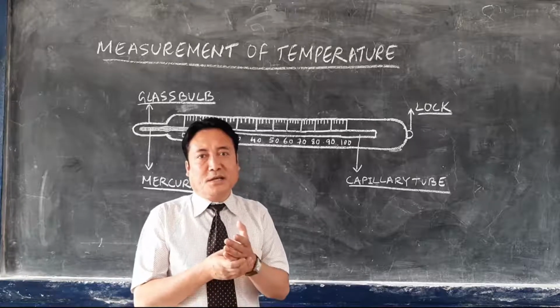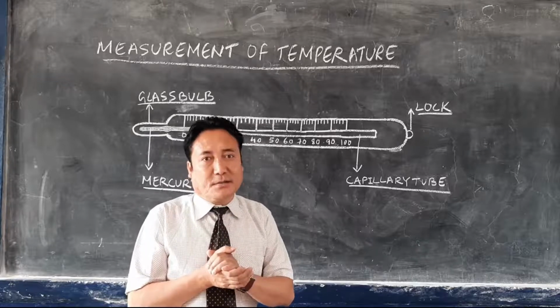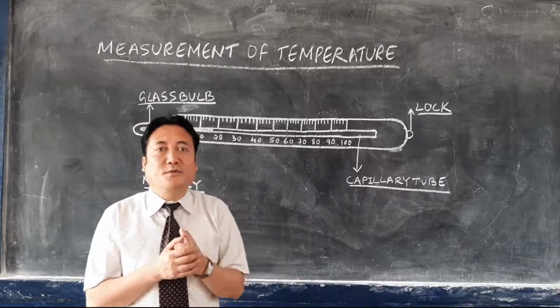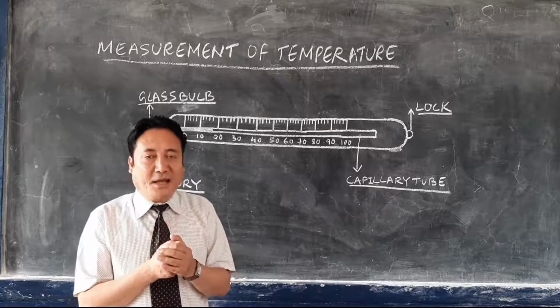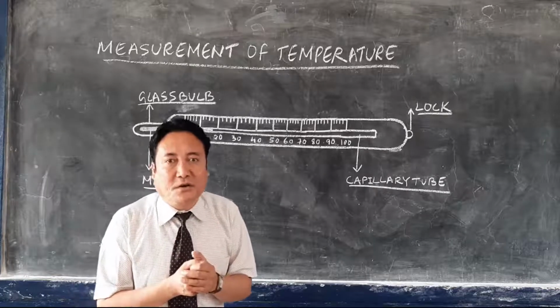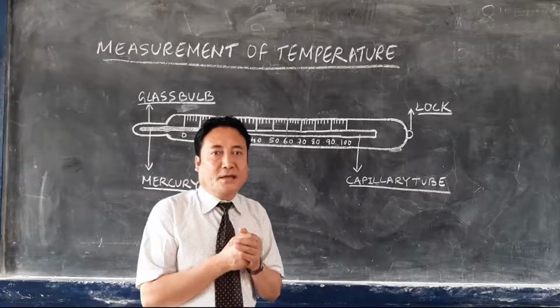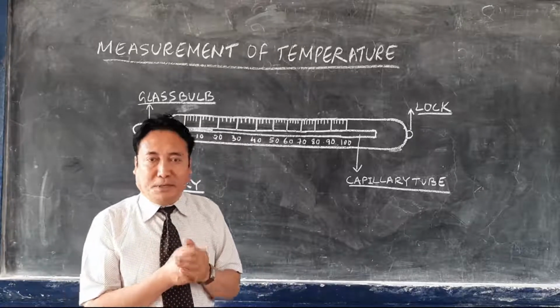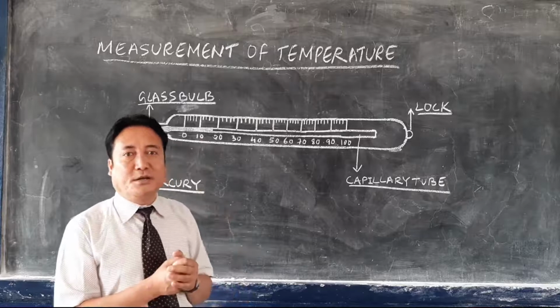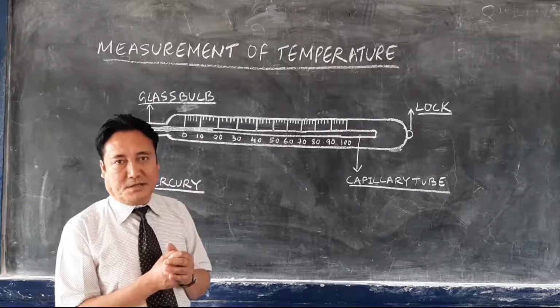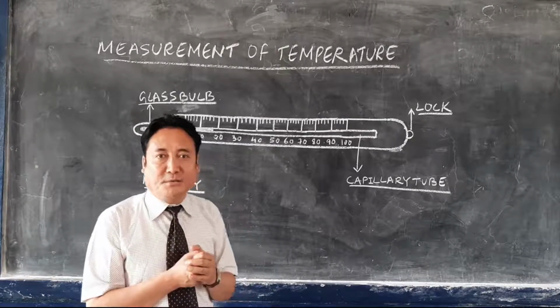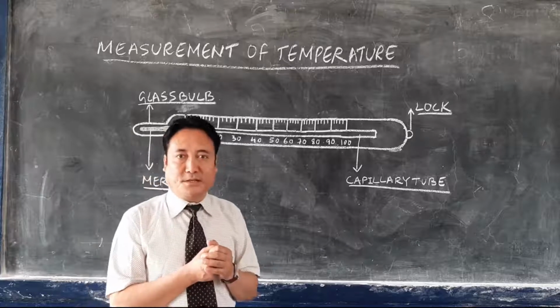So that means temperature can be measured both in a hotter body as well as in a colder body. Temperature is the degree of hotness or coldness of the body, and it is measured by an instrument called a thermometer. A thermometer is an instrument to measure temperatures.